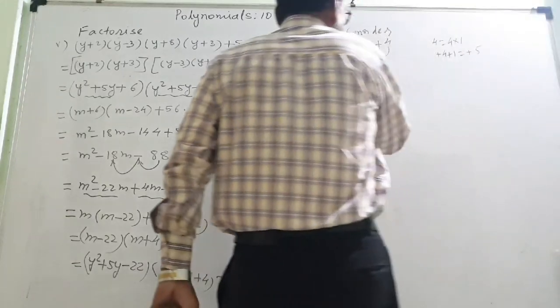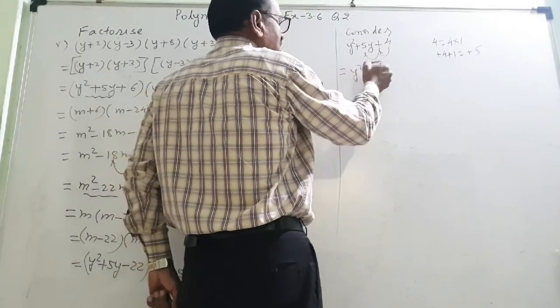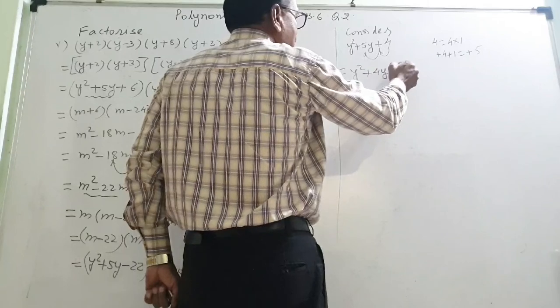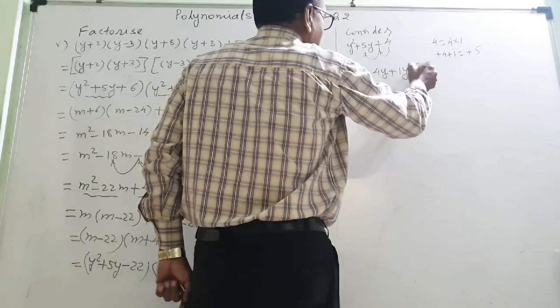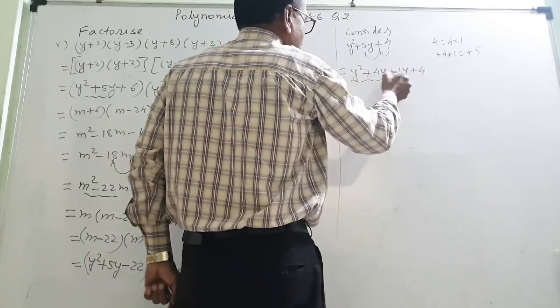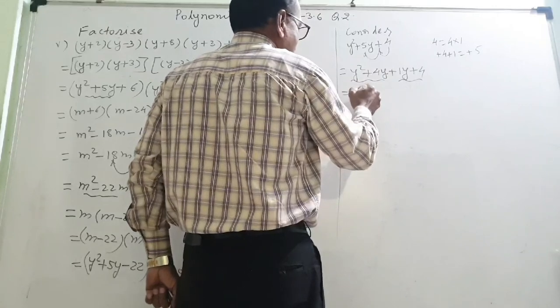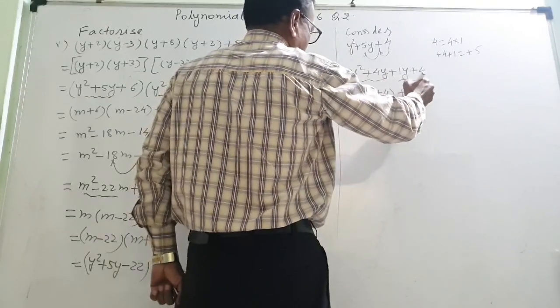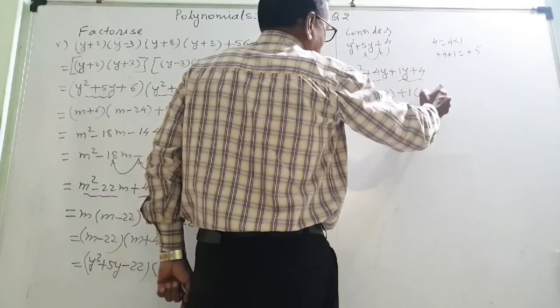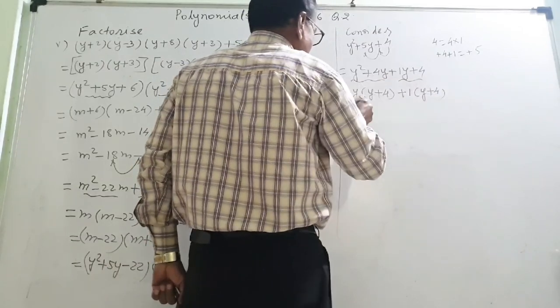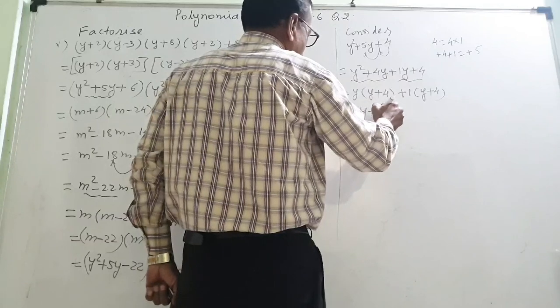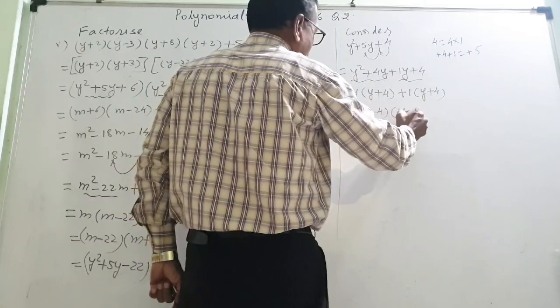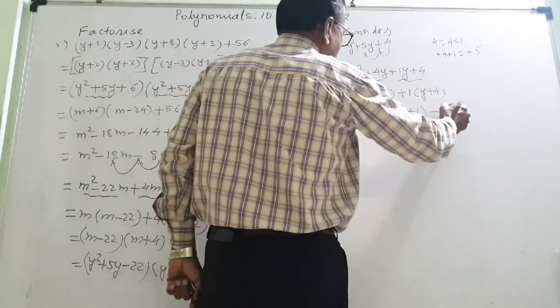So here I will write y square plus 4y plus 1y plus 4. Two groups. That is equal to y is common, y plus 4, plus 1 is common, y plus 4, and that is equal to y plus 4 is common, remains y plus 1. This is number 2.